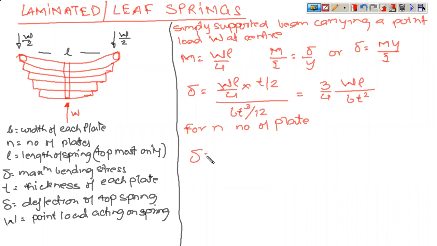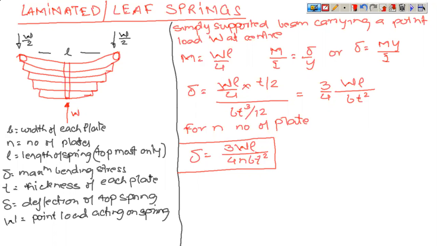So sigma is equal to 3WL by 4nbt square. So this is your relationship for stresses which are produced in a laminated spring, semi-elliptic laminated spring.